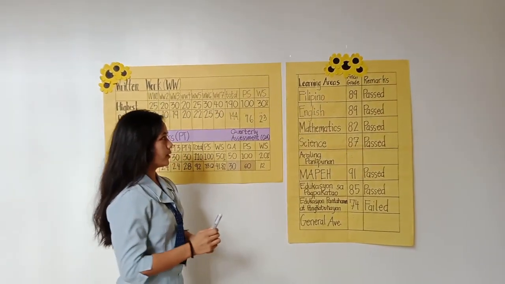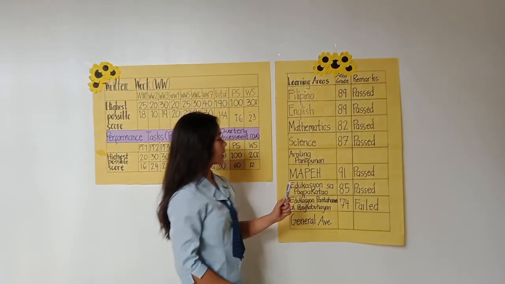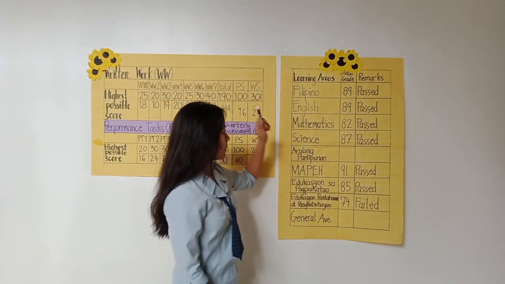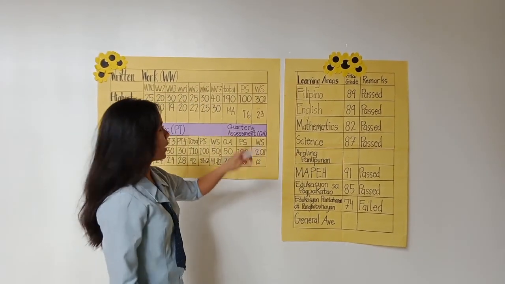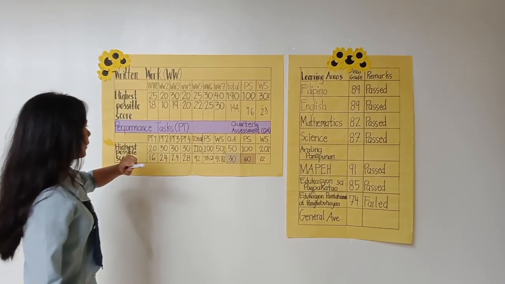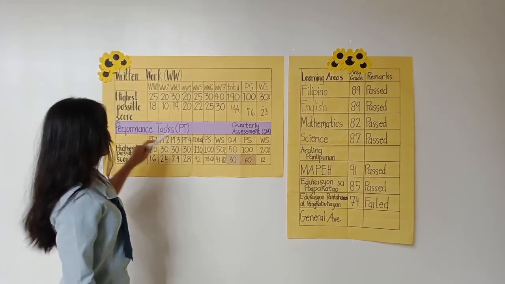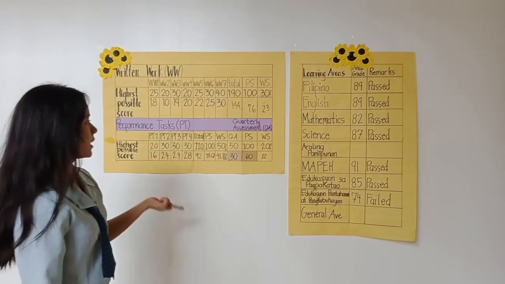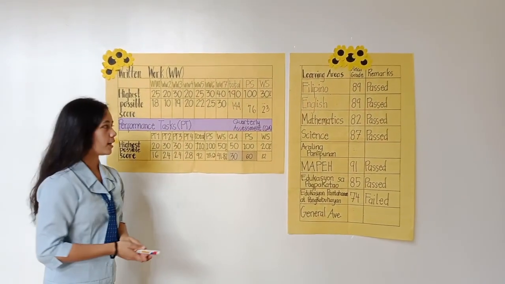Next, we're going to get the final grade of Araling Panlipunan. To get the final grade, we have to add the weighted scores of written work, performance task, and quarterly assessment to get the initial grade.